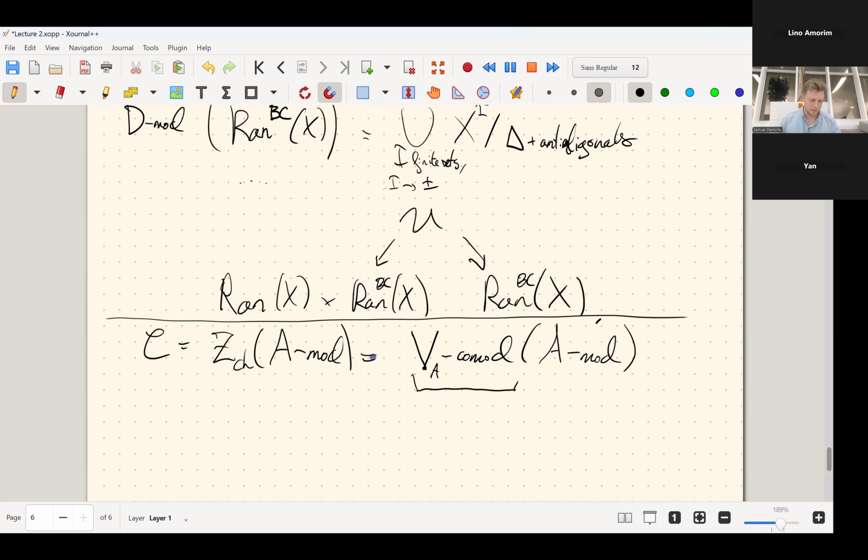And the hope is that we can take this category, apply some sort of Tannakian reconstruction and recover an algebra which is preserved under mutations.